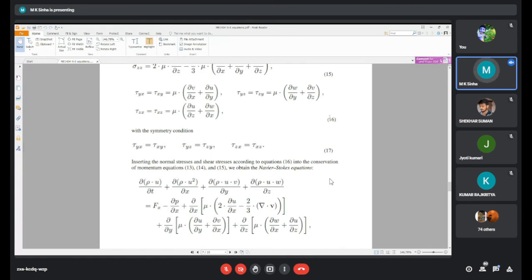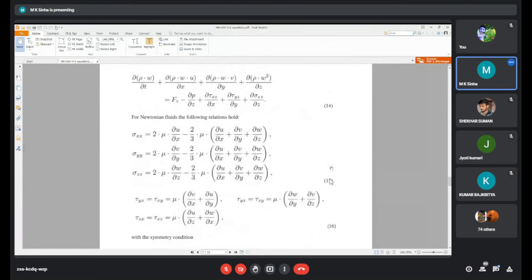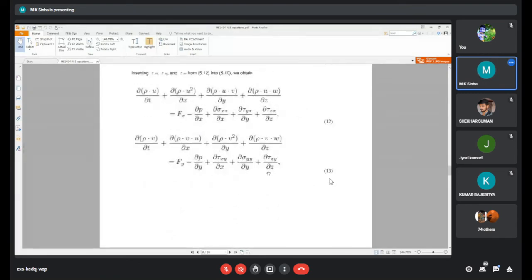This is the left side, which remains. The right side: Fx minus del p/del x. Where is the change? See, equation 12 for the x-axis: minus del p/del x plus del/del x of sigma x plus del/del y of tau yx plus del/del z of tau zx.